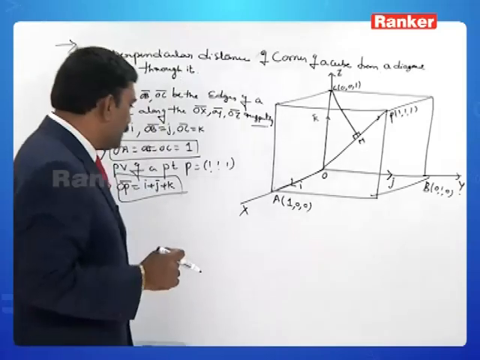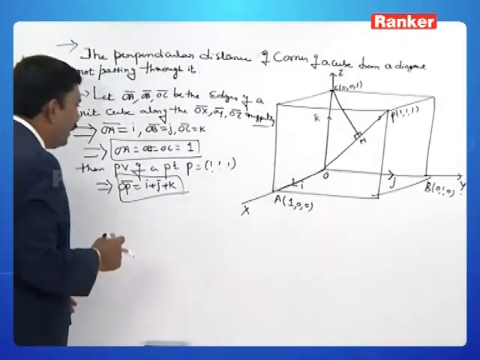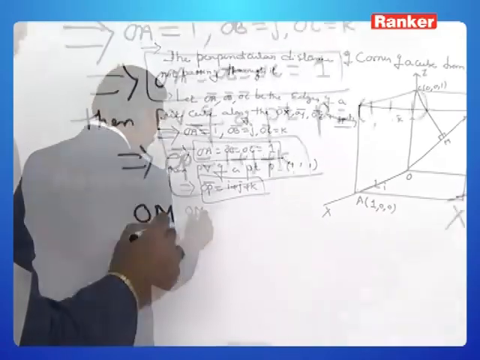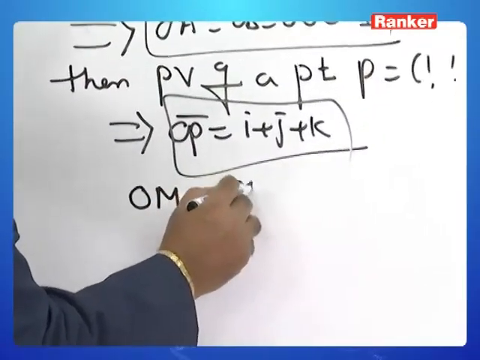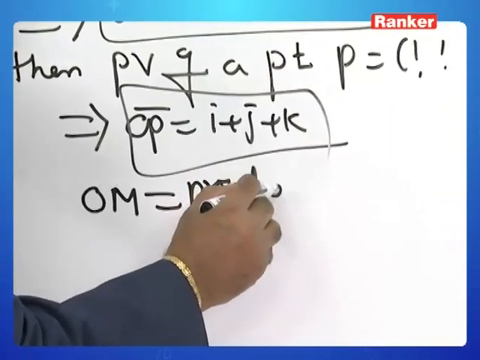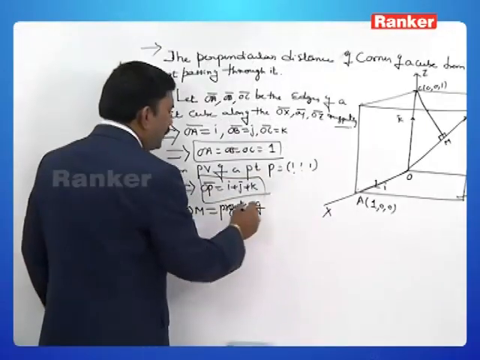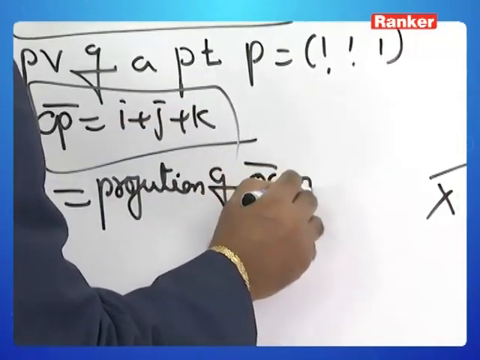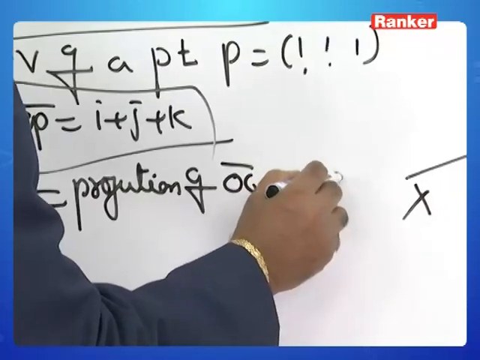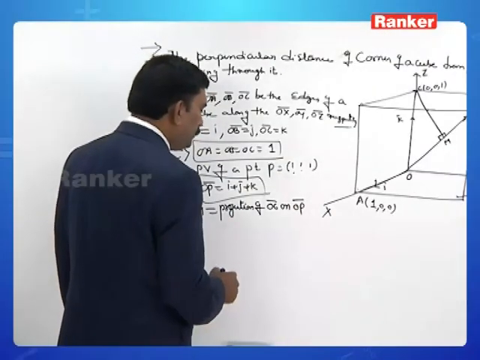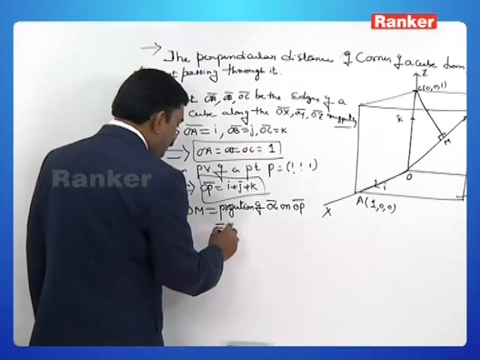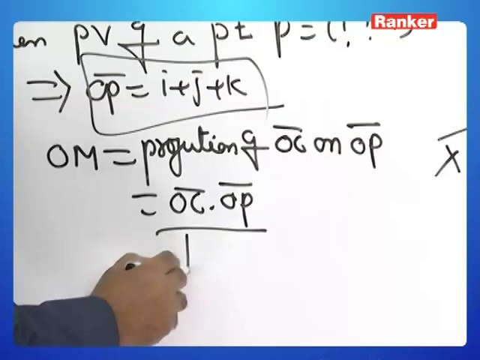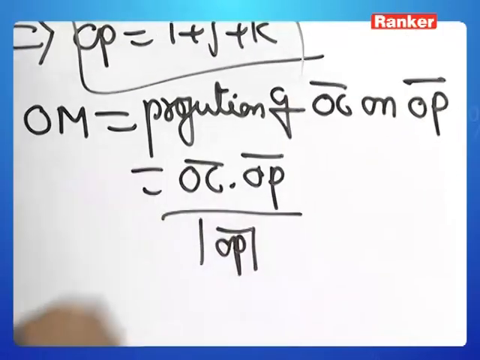So I can write OM is equal to the projection of OC bar on OP bar, which is OC bar dot OP bar by modulus of OP bar.